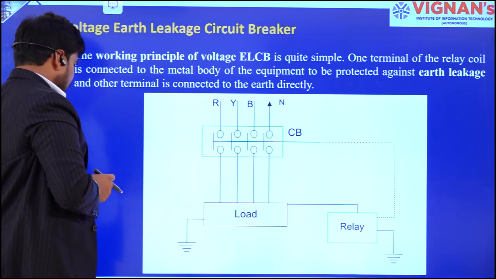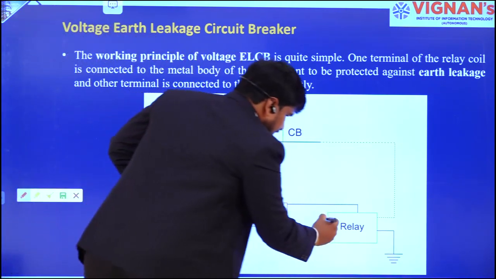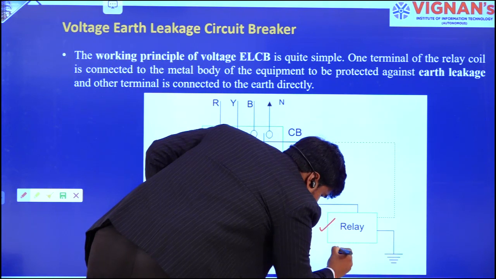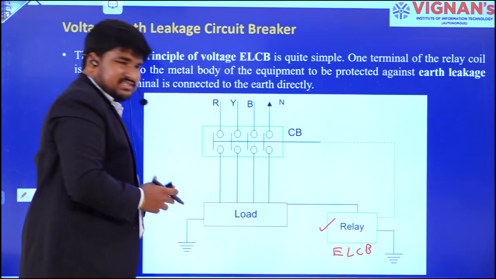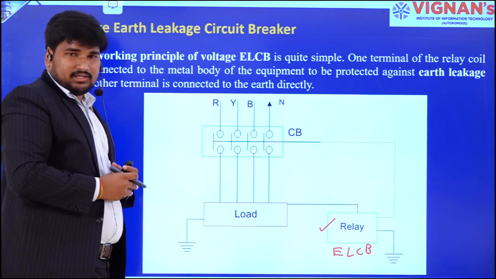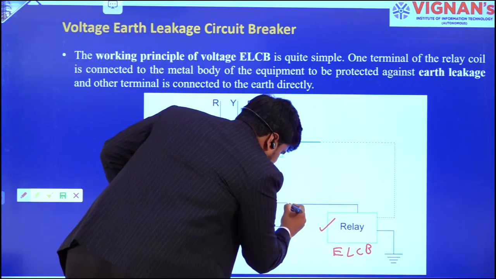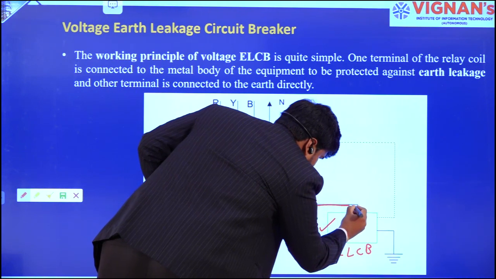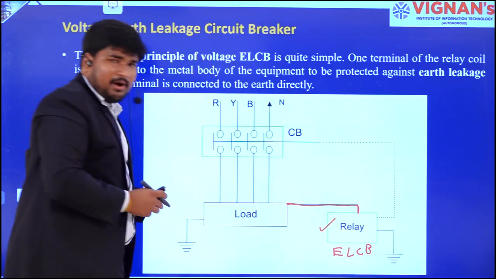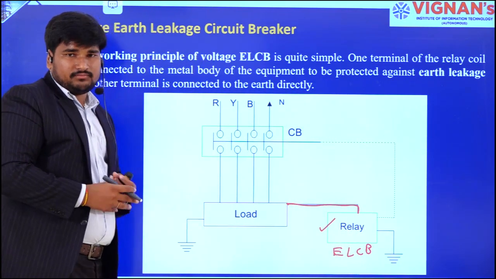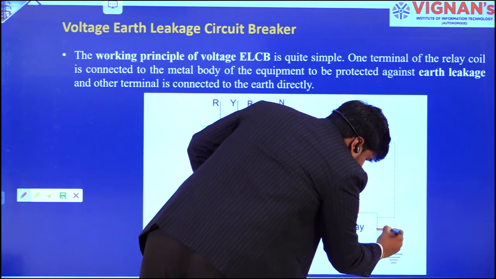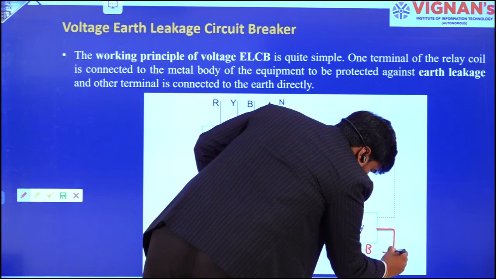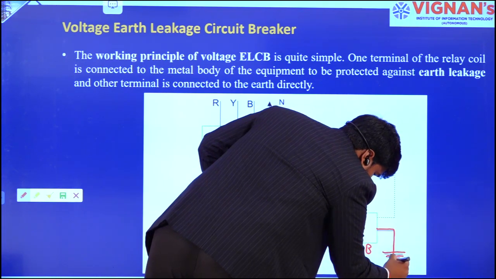So here, this is the relay of the ELCB. One terminal of this relay is connected to the frame or body of the load. And another terminal is connected to ground.